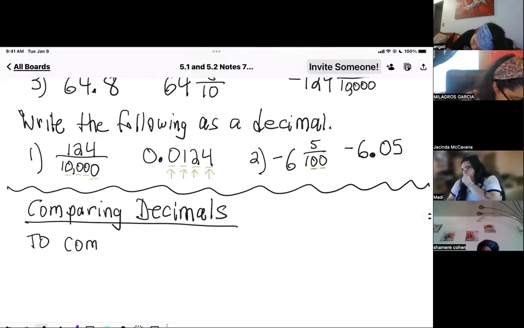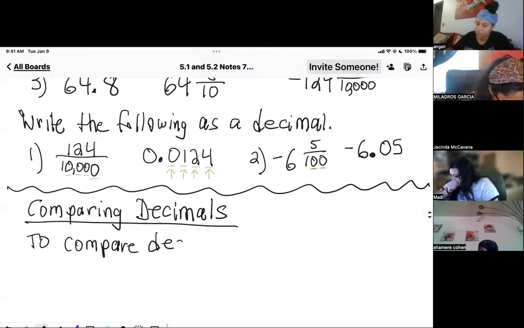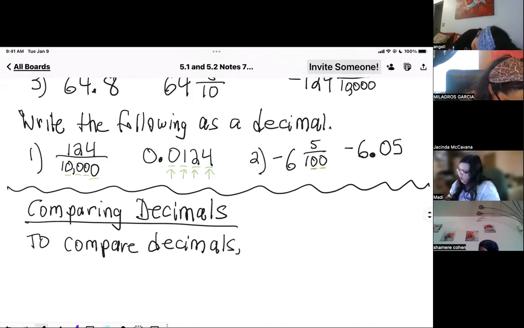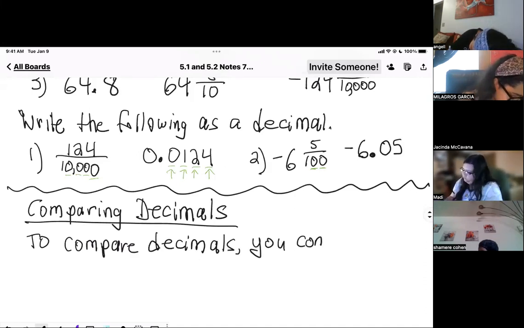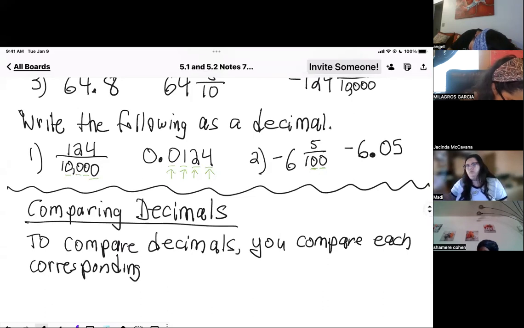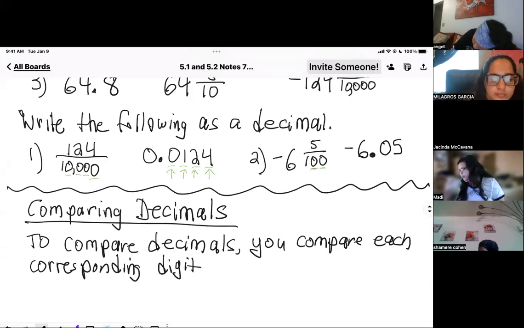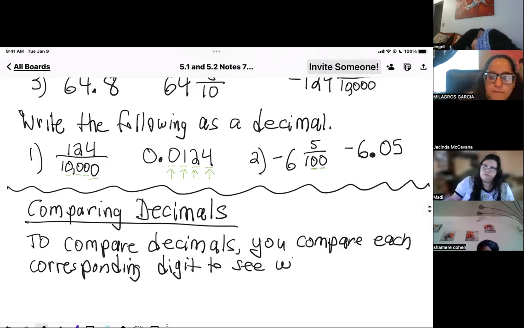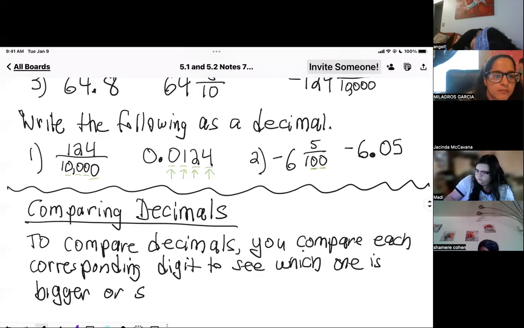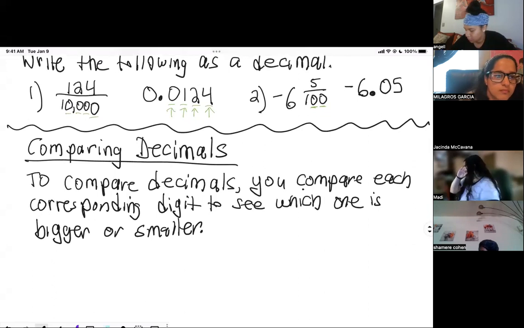To compare decimals, you compare each corresponding digit to see which one is, depending on what you're looking for, bigger or smaller, depending on the question. If it asks you for the bigger one, you look for the bigger one, smaller one, you look for a smaller one.